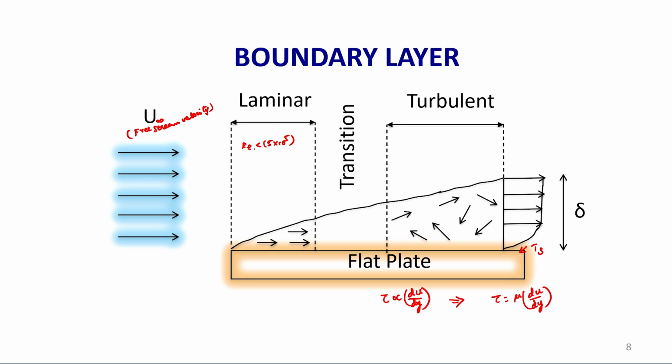Then the flow is categorized as laminar flow, and if the Reynolds number is greater than 5 into 10 power 5, it is called turbulent flow. Let me write it: this value is not applicable for internal flow, only external flow.